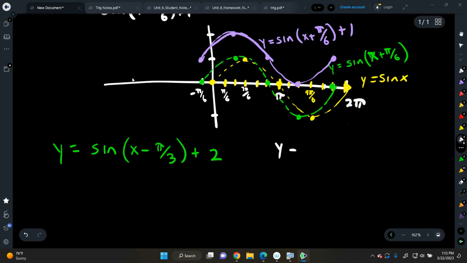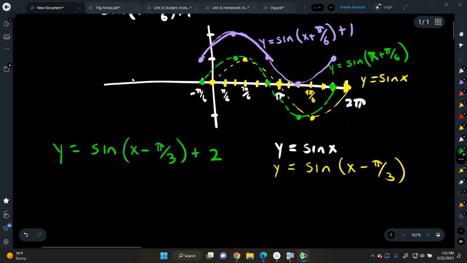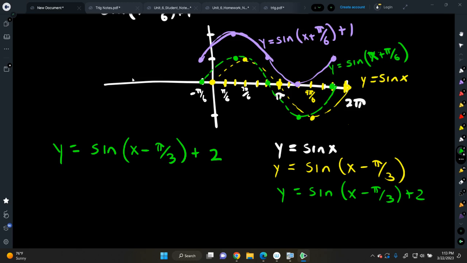Draw the first curve as y equals sine x, just dotted line. And the next one, you're going to do a dotted line, y equals sine x minus pi over 3. And then your last or final curve, you'll do y equals sine x minus pi over 3 plus 2. Okay, so you're going to do it in those stages.